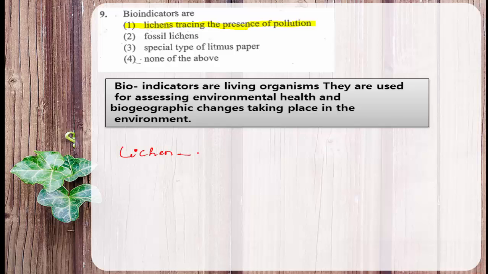is a composite organism. The lichen is considered a composite organism where one component is algae and another component is fungi.